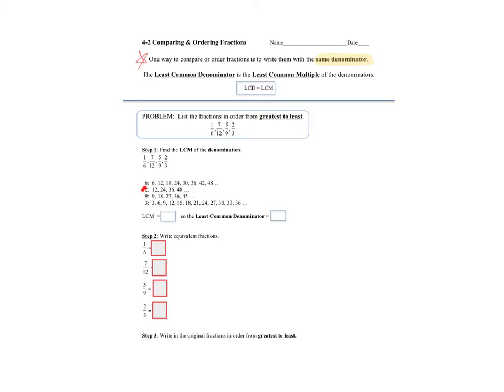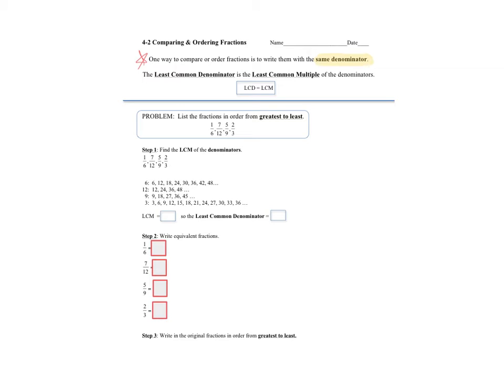So here are my multiples of 6: 6, 12, 18, 24, 30, 36, 42, 48, and we could keep on going, but you know how to find multiples, so I'm going to go through this quickly. The multiples of 12: 12, 24, 36, 48, we could keep on going. Multiples of 9: 9, 18, 27, 36, 45. Multiples of 3, all the way up to 36, and we could keep on going if we wanted to take the time.